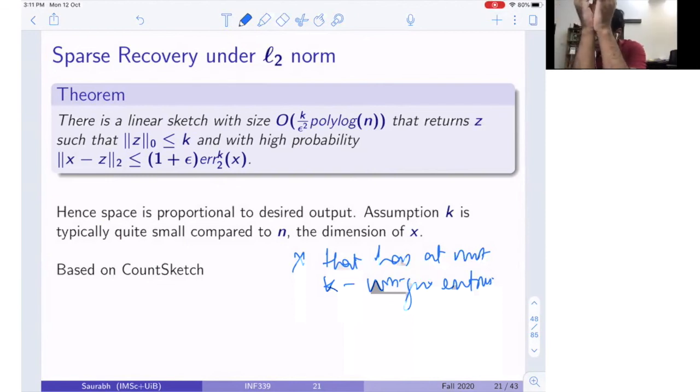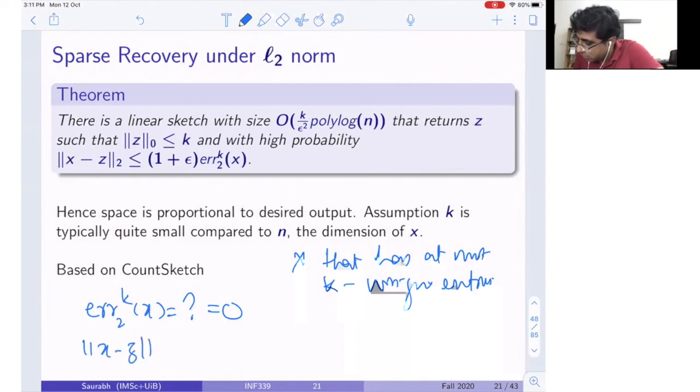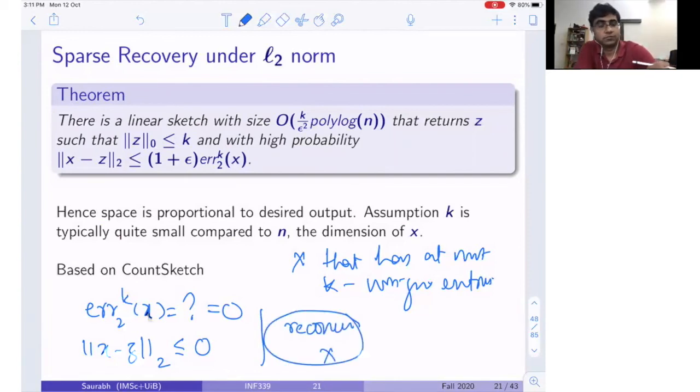Then what is the error term? Zero. Exactly. Then what are you able to do? What does this lemma tell us? It tells me that, with very high probability, you have recovered x. You have been able to recover x exactly in some sense with very high probability.